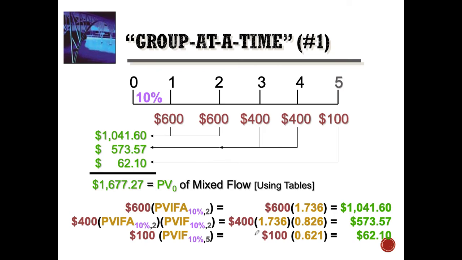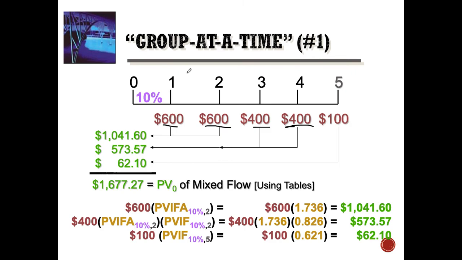Now we can also use this one, group at a time. $600 for year 1 and year 2 is the same, and year 3 and year 4 is also the same.